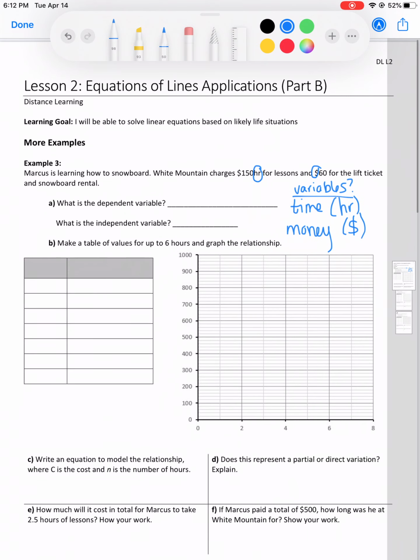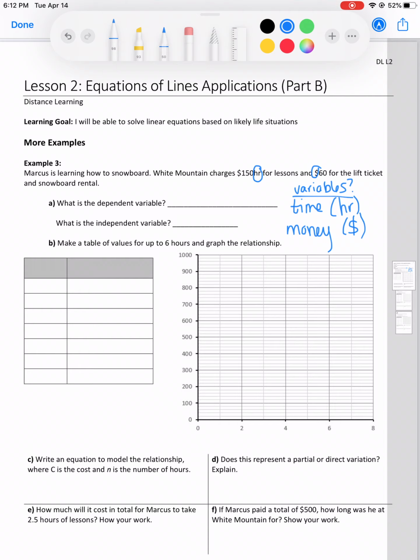Does time depend on money? Does the amount of time depend on the amount of money you have, or does the amount of money you spend depend on how long you go snowboarding for or how long your lessons are?